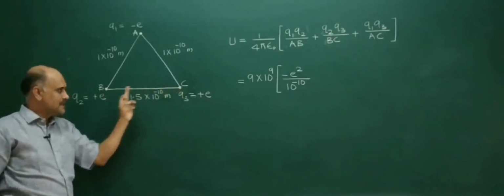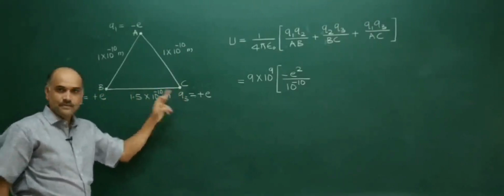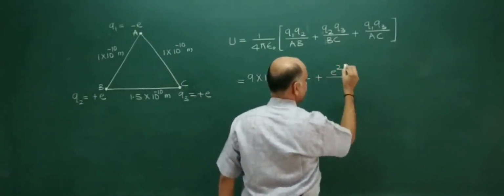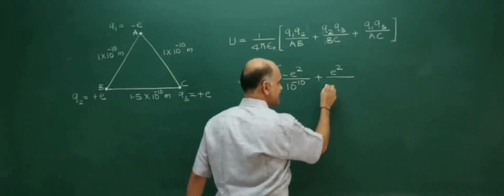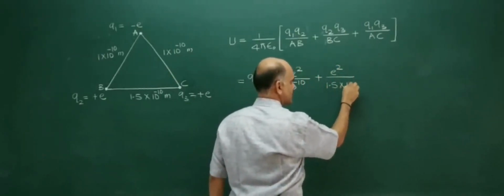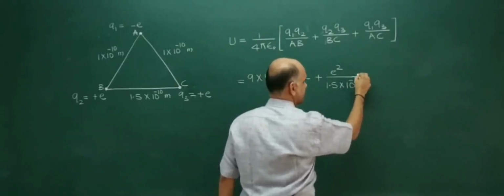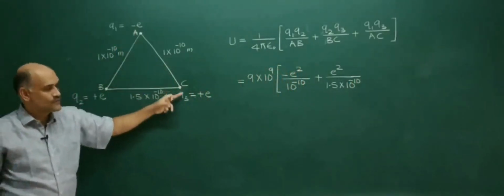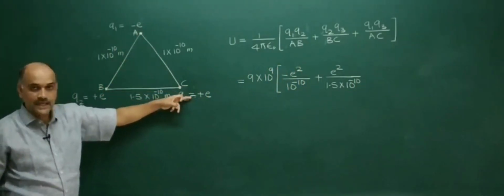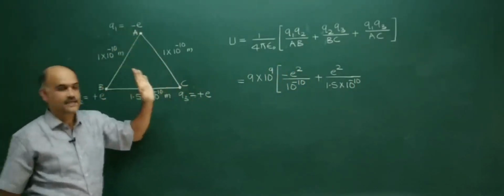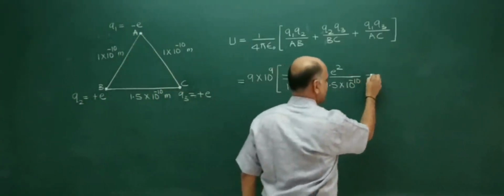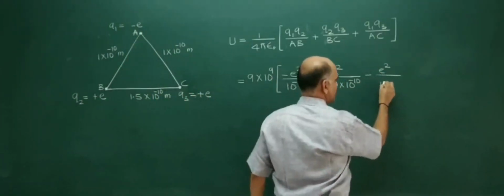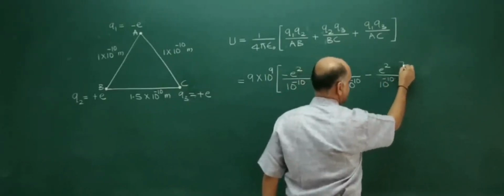If I multiply these two, I will have plus e square, divided by length BC, which is 1.5 into 10 raised to minus 10, plus Q1 into Q3. If I take these two again, it will be minus e square, divided by length AC, which is 1 into 10 raised to minus 10 meters.